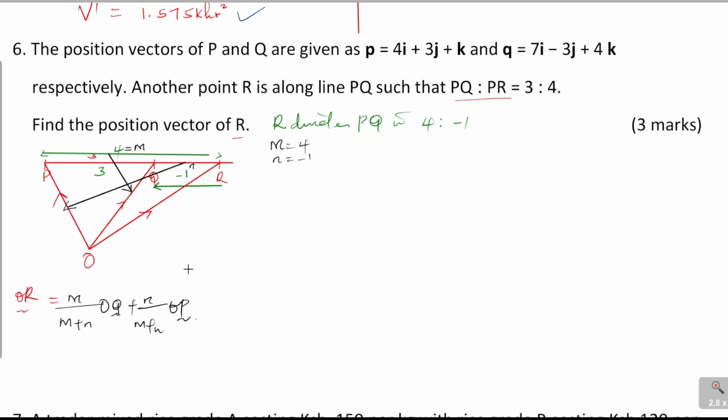We shall express the position vectors of P and Q in terms of column vectors. P is 4i plus 3j plus k, so as a position vector it will be (4, 3, 1). For Q we have (7, -3, 4). I'm simply taking the coefficients of i, j, and k.